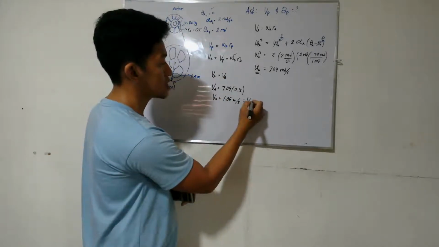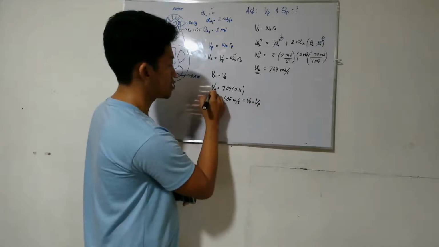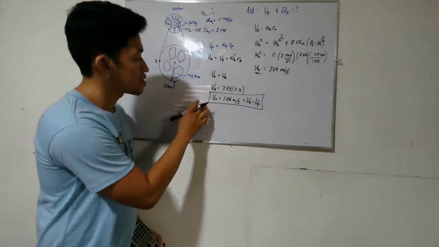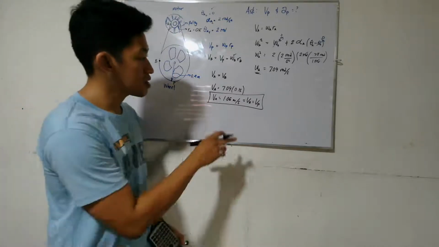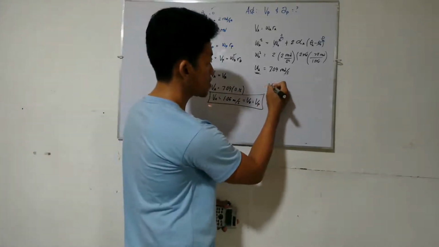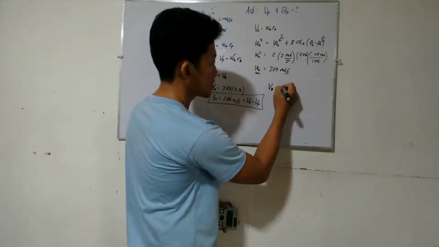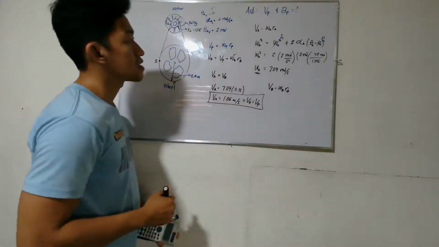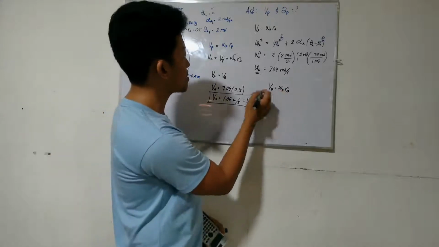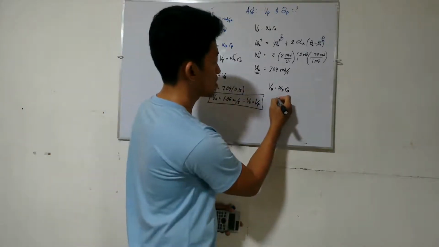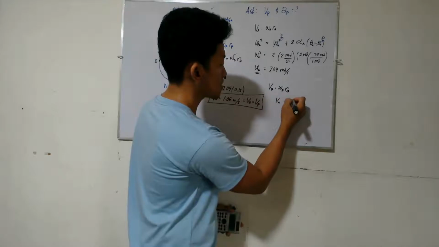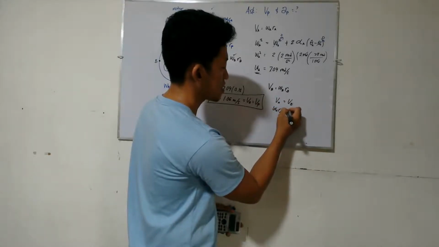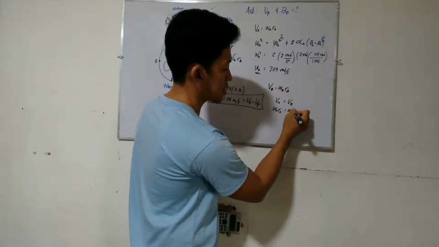So that is the answer. Or, if you are not satisfied, you can get omega B first, since VA is equal to velocity B. So omega A RA equals omega B RB.